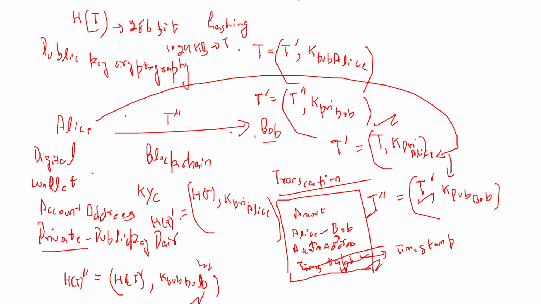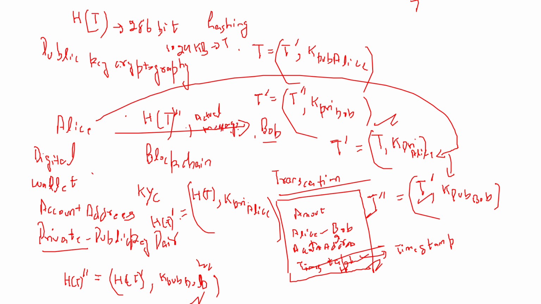This is what is transmitted to Bob. So HT double dash is transmitted to Bob along with the actual message.